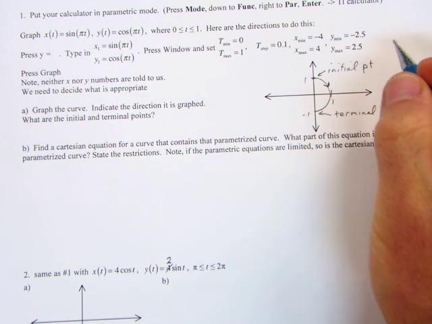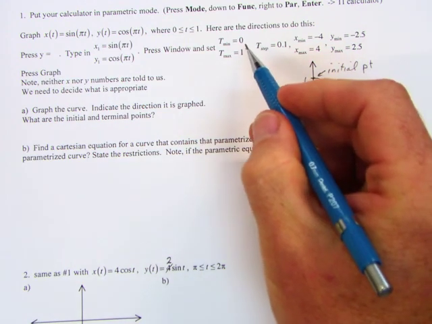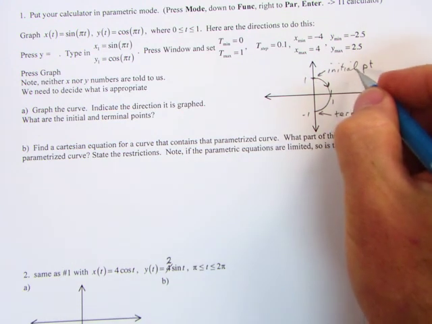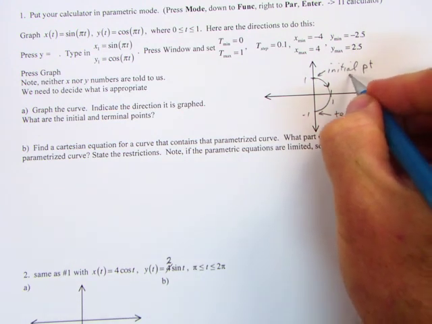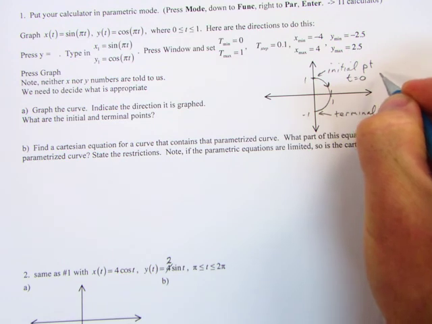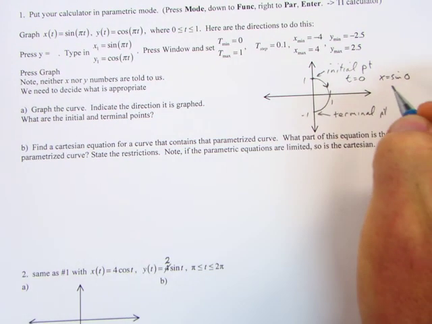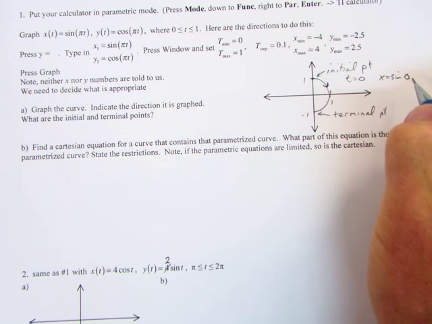Now, how do you calculate the initial point? The initial point is at our initial time value, which is t equals 0. If we take t equals 0 and plug it into the equation, we will get x equals the sine of 0. And let me state this right now. You must know your unit circle, and you need to know it without hesitation, without thought.